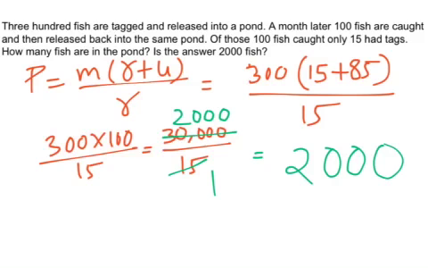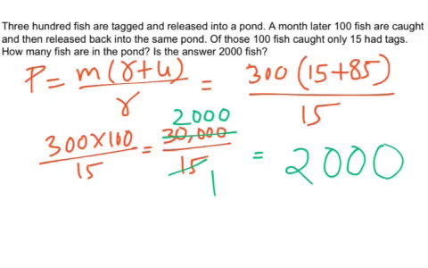Yes, let us apply our formula, Peterson's marked and recaptured formula here. P equal to M into R plus U by R, where M, the marked fishes, are 300, and in the second trap, 15 had tags.